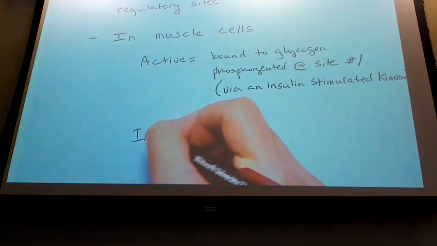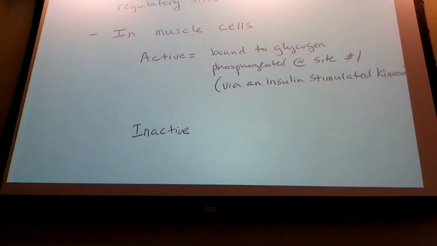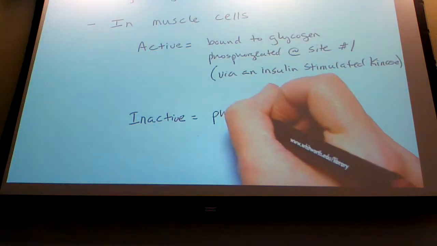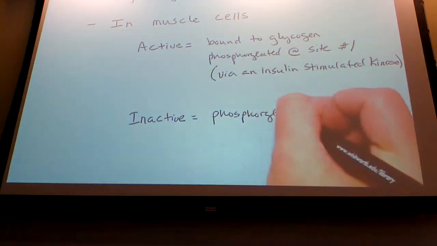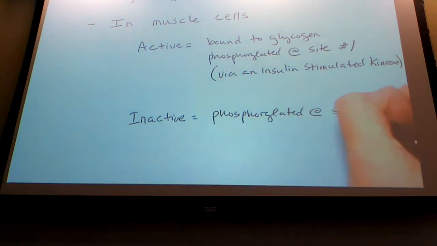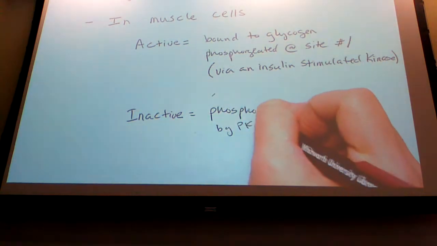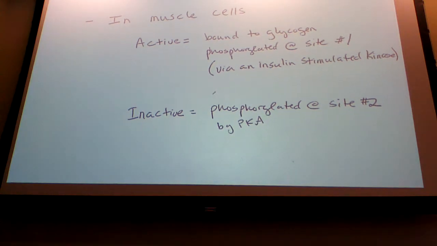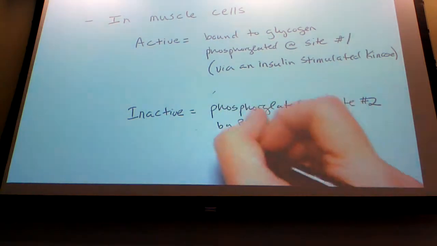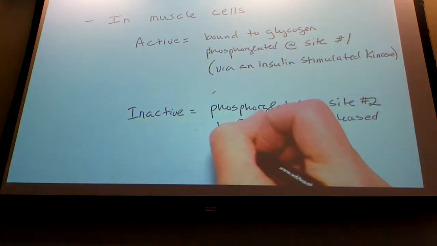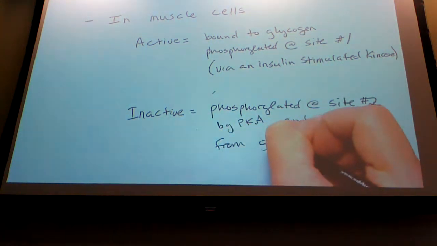It is inactive when it's phosphorylated at site number 2, that's by PKA, and released from glycogen.